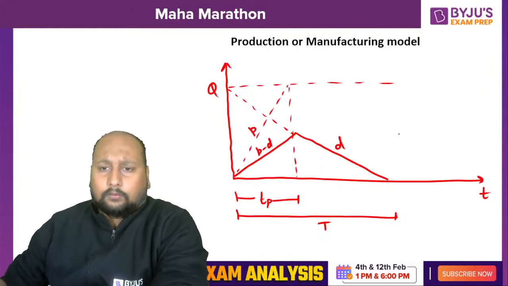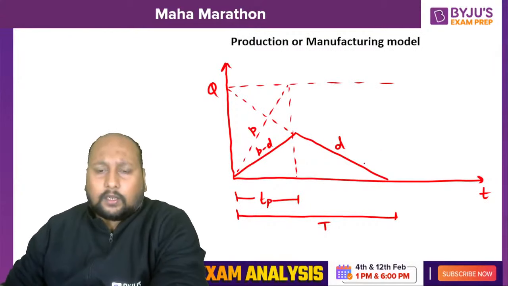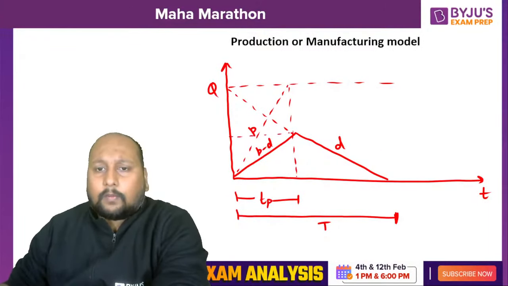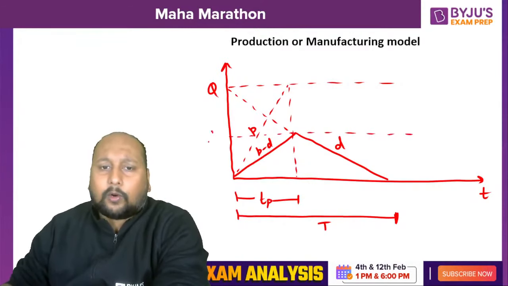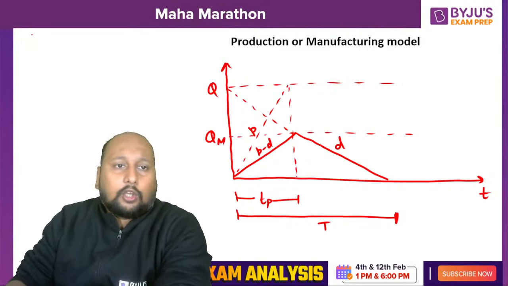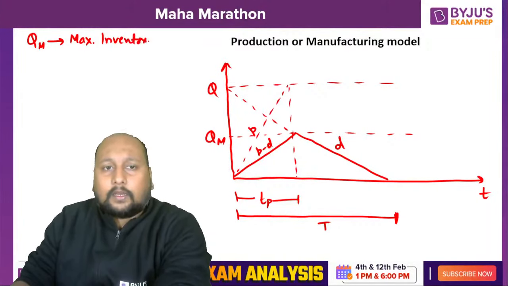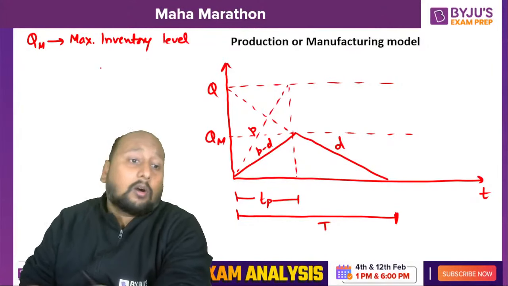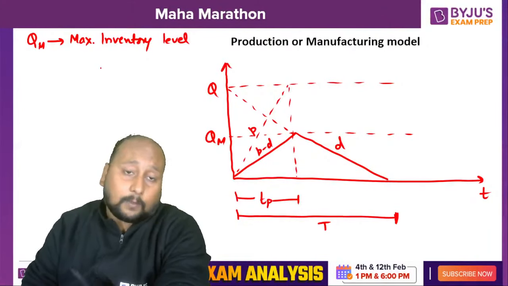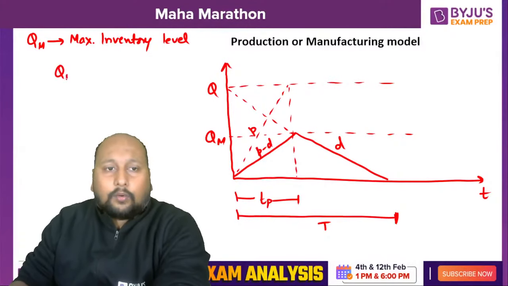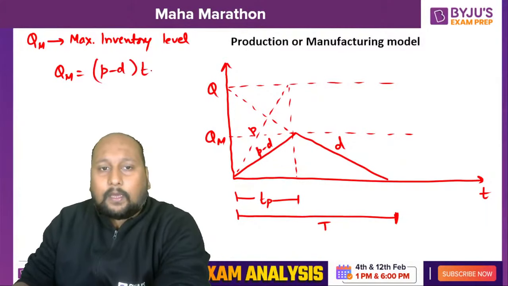Now, right, this is your one cycle. Okay, so over here, a very commonly asked question is, you need to calculate the maximum inventory level. QM is the maximum inventory level. That is the most commonly asked question from the production based model. Now, over here we can say QM is equal to P minus D into TP.